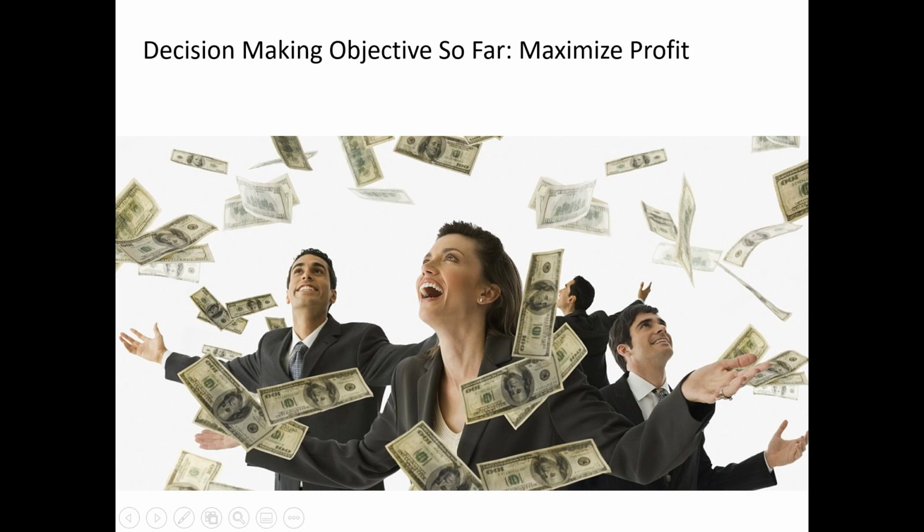So, thus far in the course, what we have emphasized is methods that allow you to maximize profitability. The baked-in assumption so far is that money is what counts, that it's profits above everything else, that you're choosing from among alternatives.